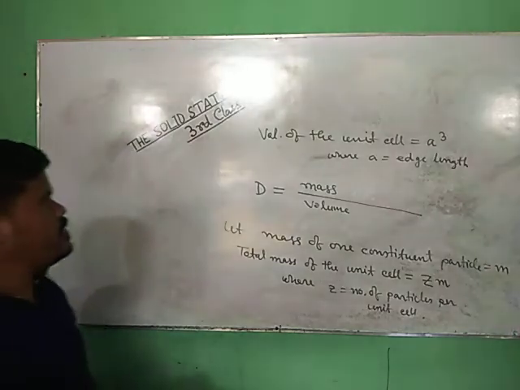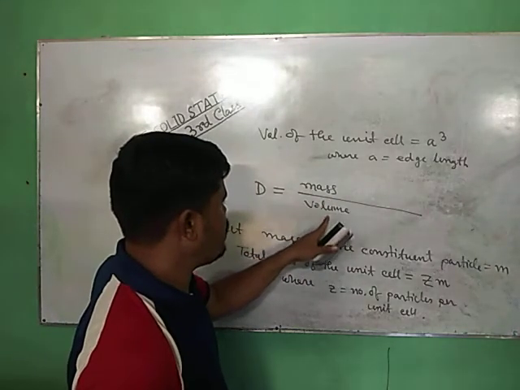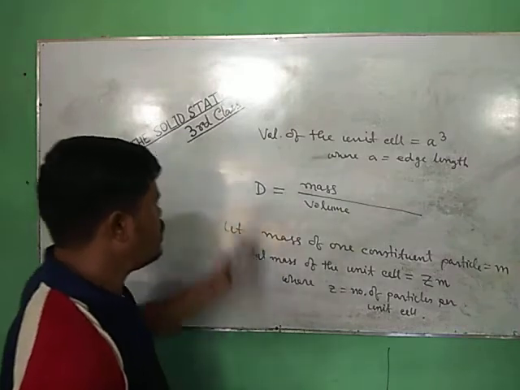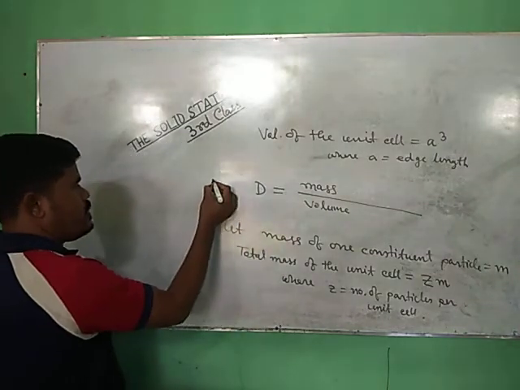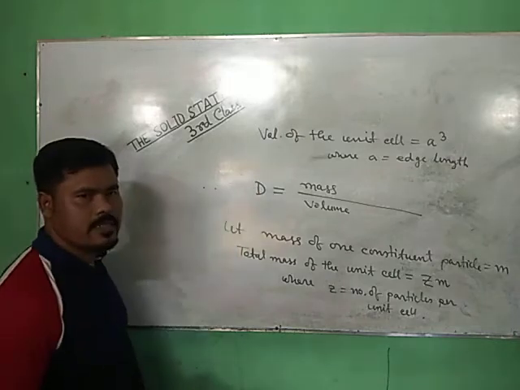So I am getting the total mass and total volume of the unit cell, and I can calculate the density of a crystalline solid.